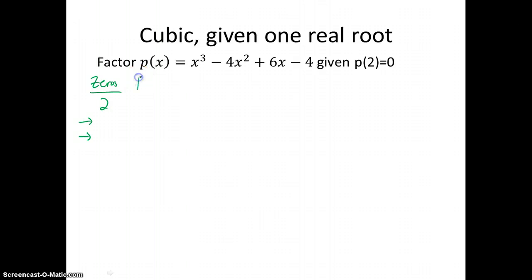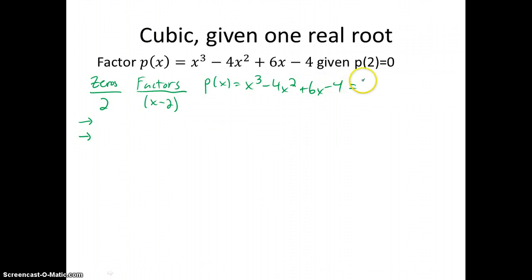Let's make a list of our factors too. If 2 is a zero, then x minus 2 is going to be a factor. So now we've completed the first step of our procedure. We have all the zeros that we know, and all the factors that we know. Now we're going to write out p of x, which is x cubed minus 4x squared plus 6x minus 4.